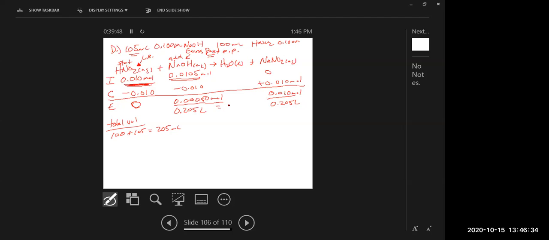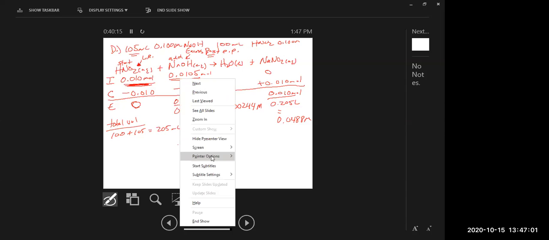If we do that, we end up with 0.00244 molar, and for our other guy, we end up with 0.0488 molar. So at this point, what we want to do is figure out, what should we be doing?